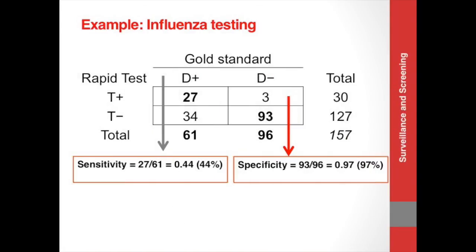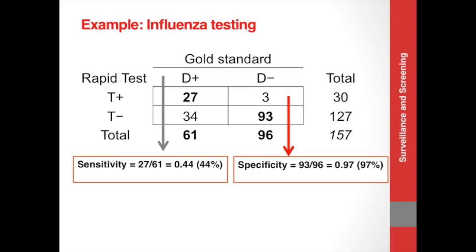Let's see an example. This 2x2 table shows the results of a new rapid test to screen for influenza. There were 61 children who had influenza, and the rapid test was positive in 27 of them.